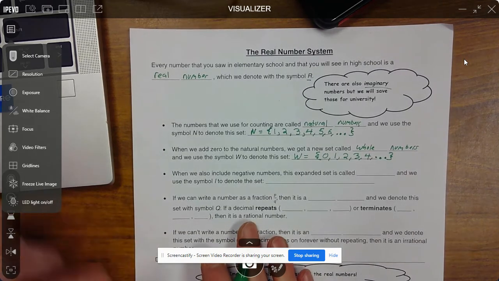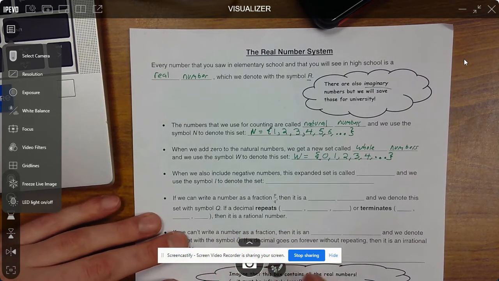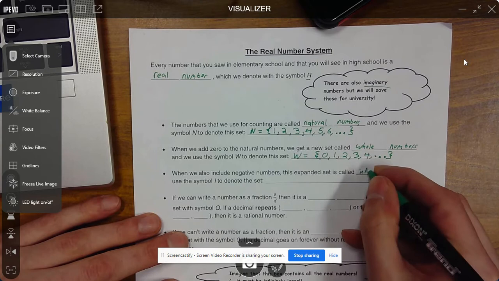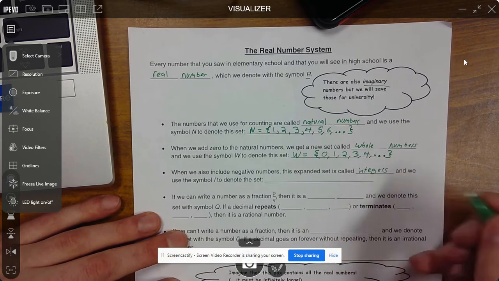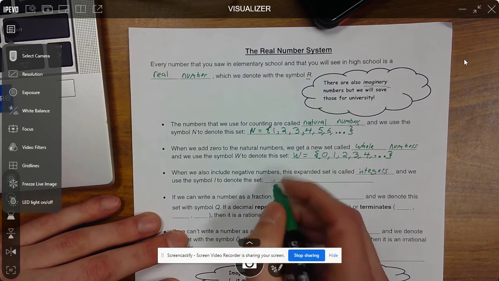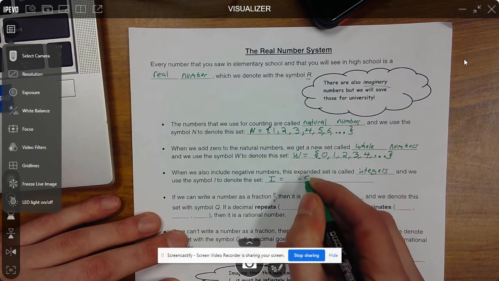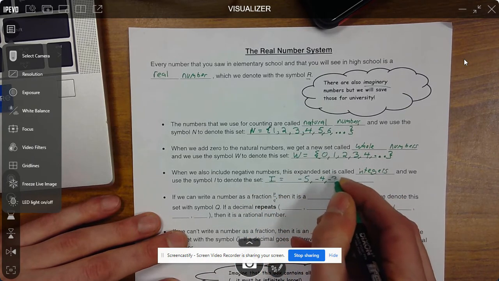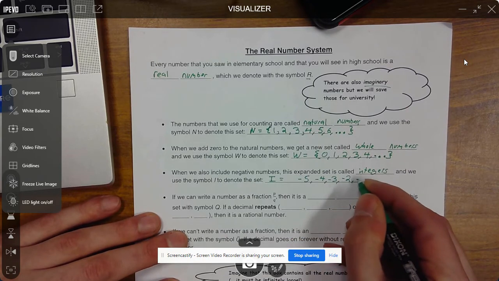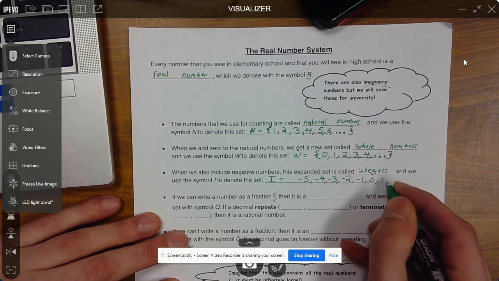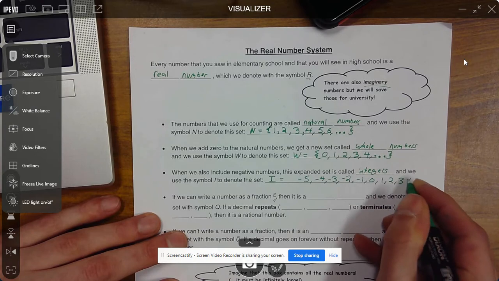Now, when we also add negative numbers, you probably already know this, the expanded set is called integers. So integers might be the numbers on a thermometer, the numbers on a number line. So integers, maybe -5, -4, -3, -2, -1, 0, and I could keep counting up. So it includes all the natural numbers, 1 and higher.